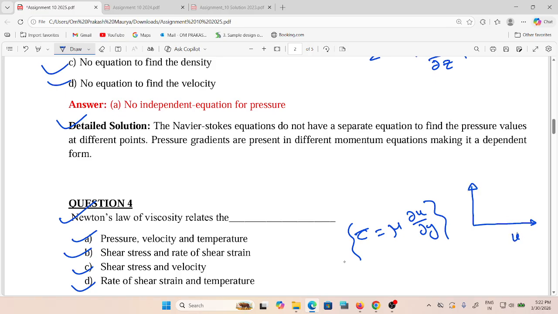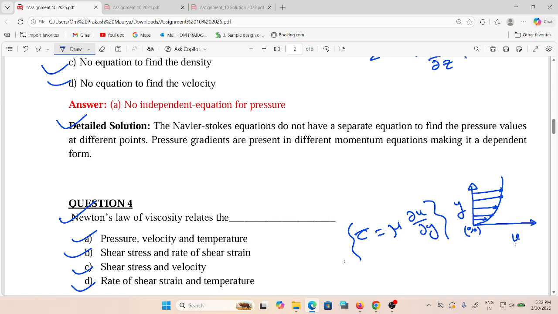This is your u velocity and this is your depth. So for laminar flow, your velocity is like that. So your gradient is changing from the origin as you move.